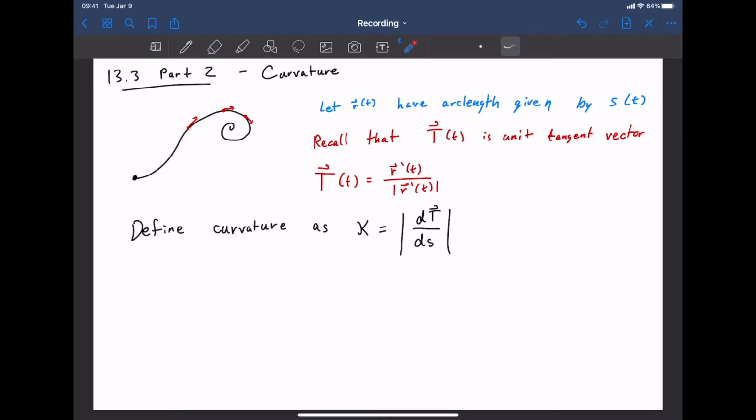So again, think of this as like changes in slope over a change in foot of the function. So over here, my heading is there, and then here my heading is maybe a little bit higher than that, something like that. Over that same length, the tangent vector didn't change that much.